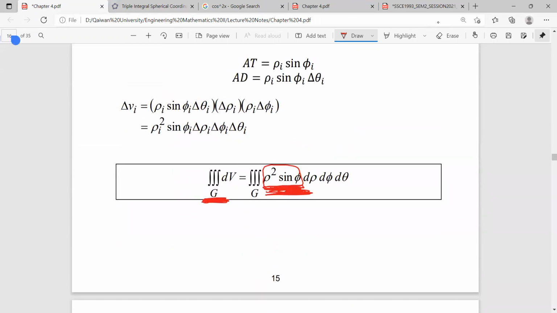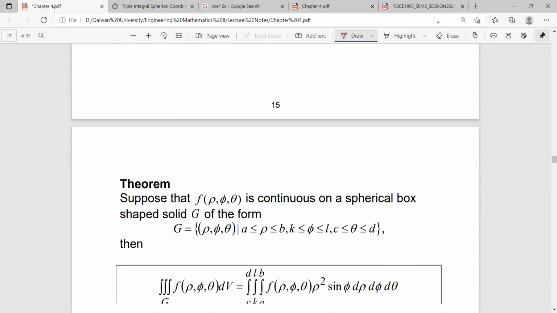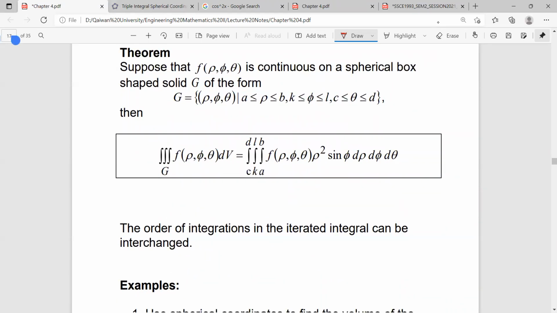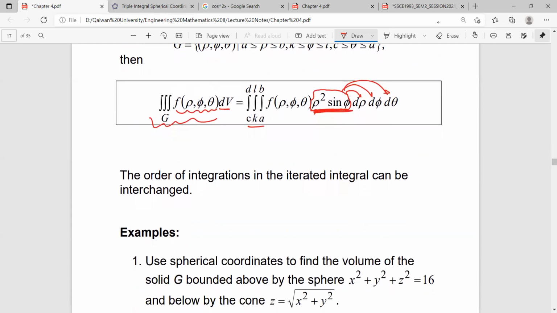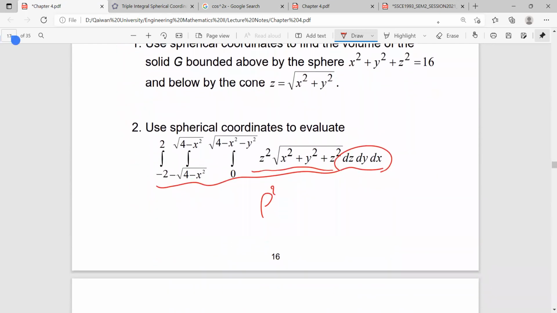So this is the rule for finding the volume of a solid bounded by G. Here we say the triple integral of f of rho, phi, theta dV equals the integral of f times rho squared sine phi, as you see, d rho d phi d theta. We have some examples. We now solve them.